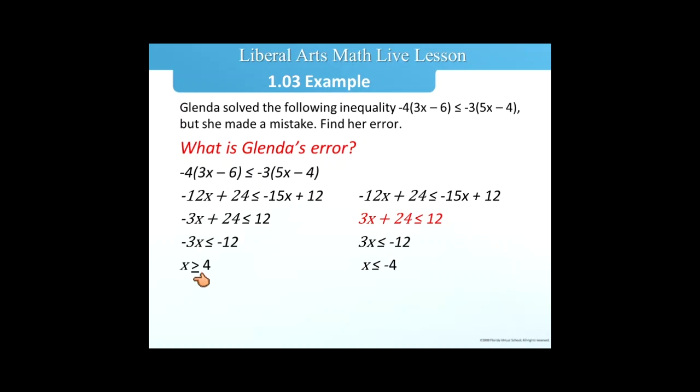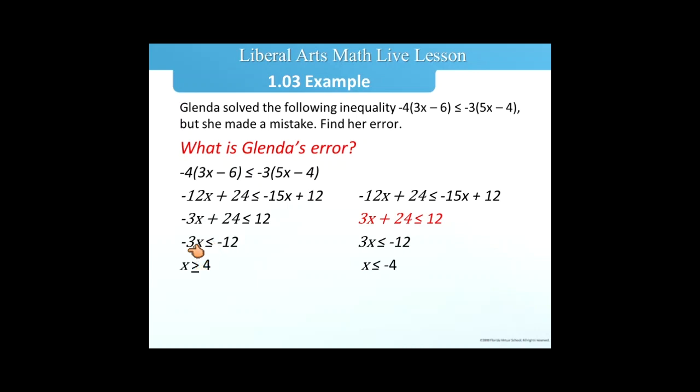So you can see here that with the original answer that Glenda had, let's say that this was a -3 when she worked it out. Let's say that was supposed to be -3. When she worked it out at the end, notice that when she divided by this -3 here, this less than became a greater than.